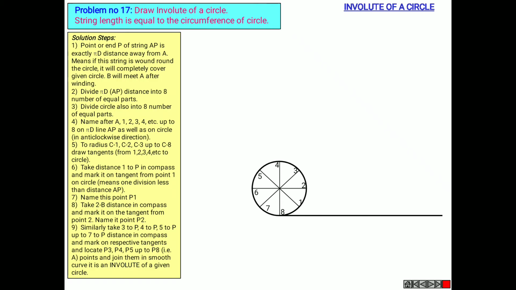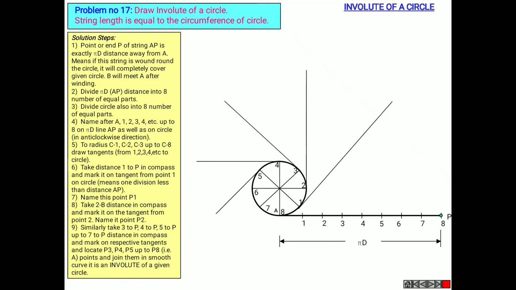Draw the circumference of the circle with a measurement of pi d and mark it as AP. Divide this length into the same 8 equal parts. As the circle is done, I'll mention the points 1 to 8. Now draw the perpendicular lines or the tangents to the circle from 1, 2, 3, 4, 5, 6, 7 and 8. 8 is already done.